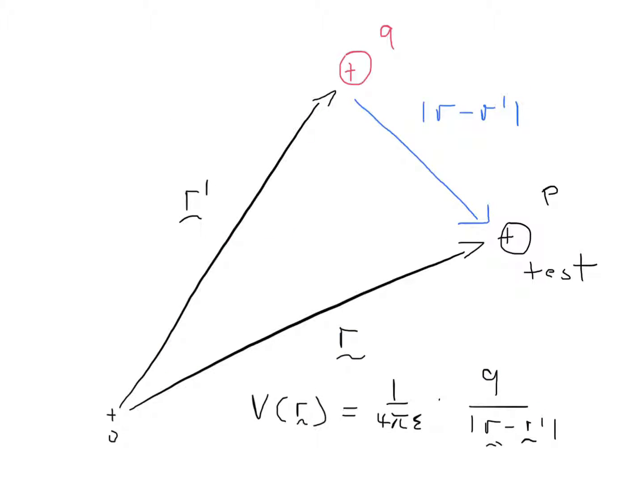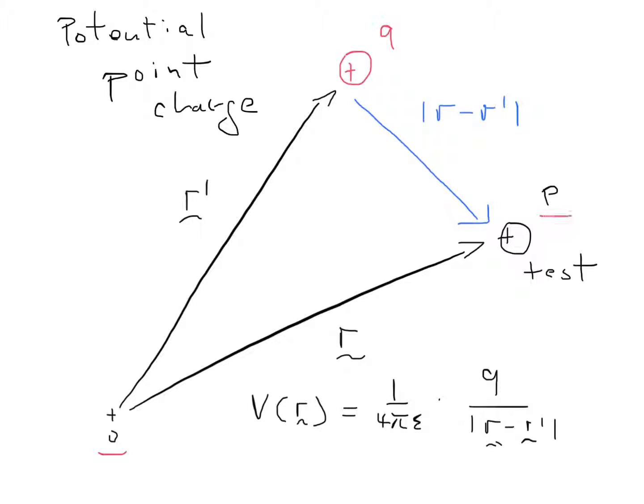Now, what is the potential of a point charge, and how can we express that mathematically? Well, if we define the origin down here, we can identify a point of interest, P, where we might locate our test charge, and we can define, using a vector r prime, the location of our point charge. This is our point charge, Q. What is the potential associated with that point charge?